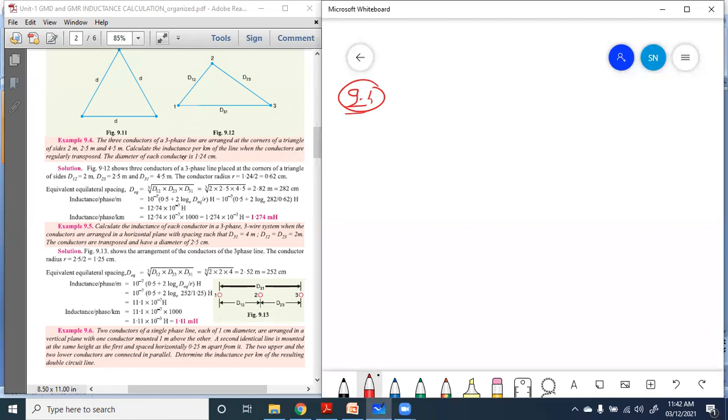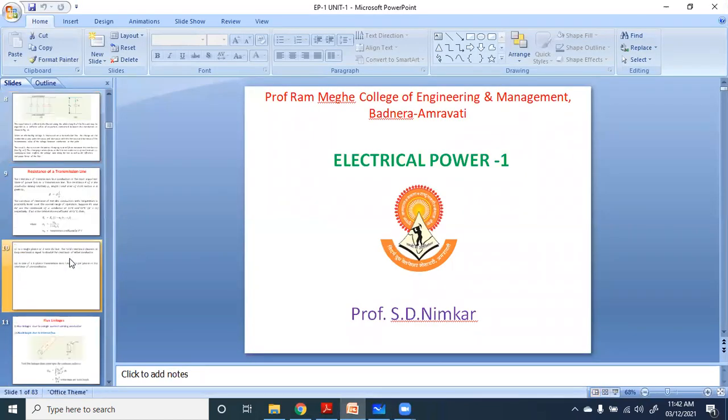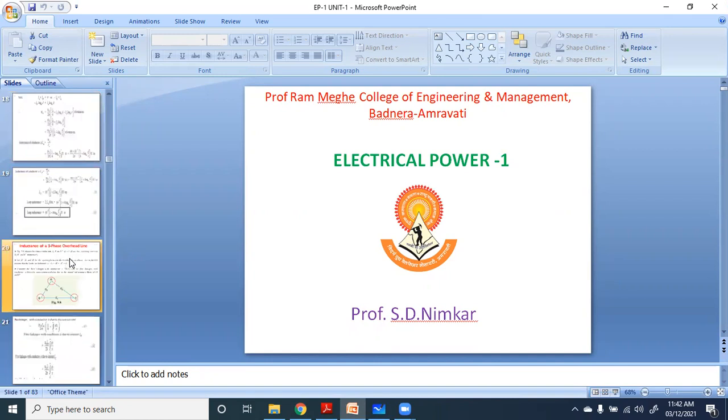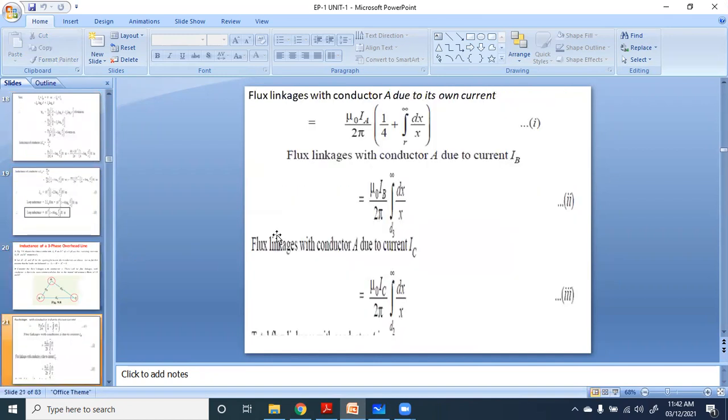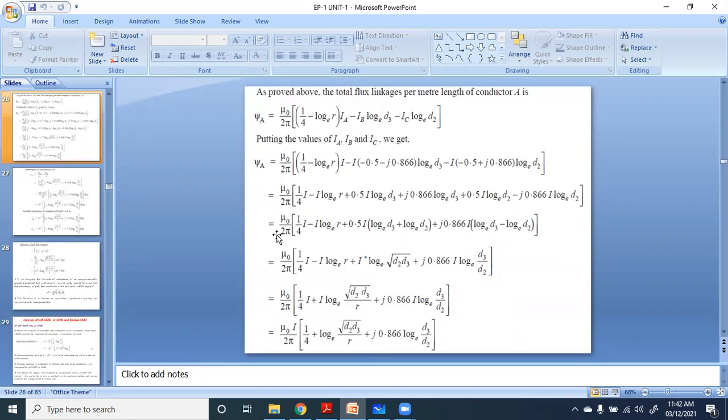Which line is given? The line is a transposed line. This means we need to calculate the equivalent equilateral spacing, because in the previous lecture we discussed the inductance of a three-phase line for an unsymmetrical transmission line. For an unsymmetrical line, the conductors are transposed to keep the inductance of the overall line equal.